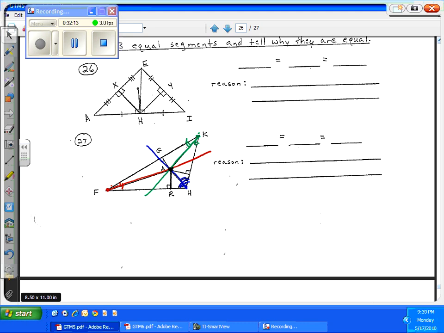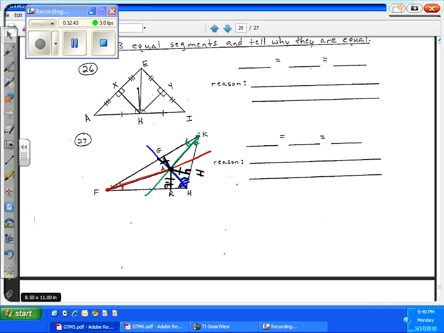So the distance from A to this side, which is that perpendicular distance, is equal to the distance from A to this side, which is that perpendicular distance, which is equal to the distance from A to this side, which is that perpendicular distance. Okay? So segment AG is equal to segment AR, which is equal to segment AI.